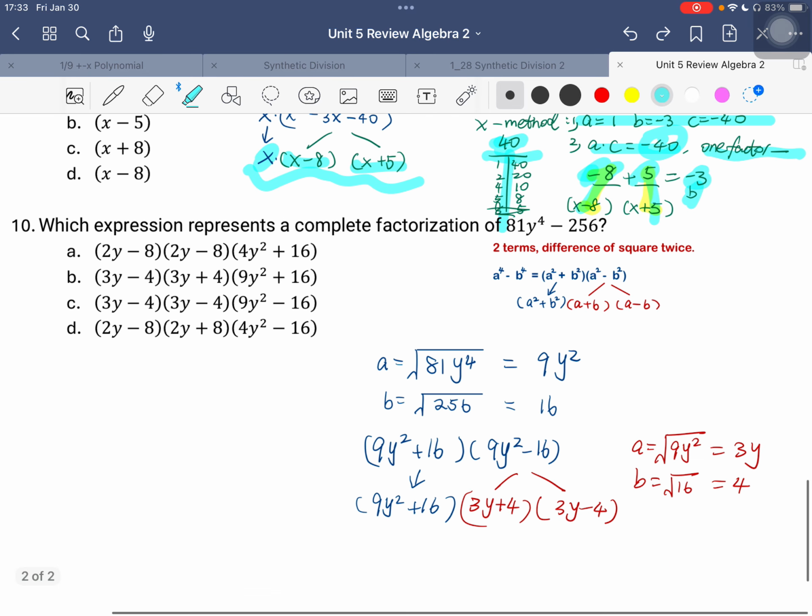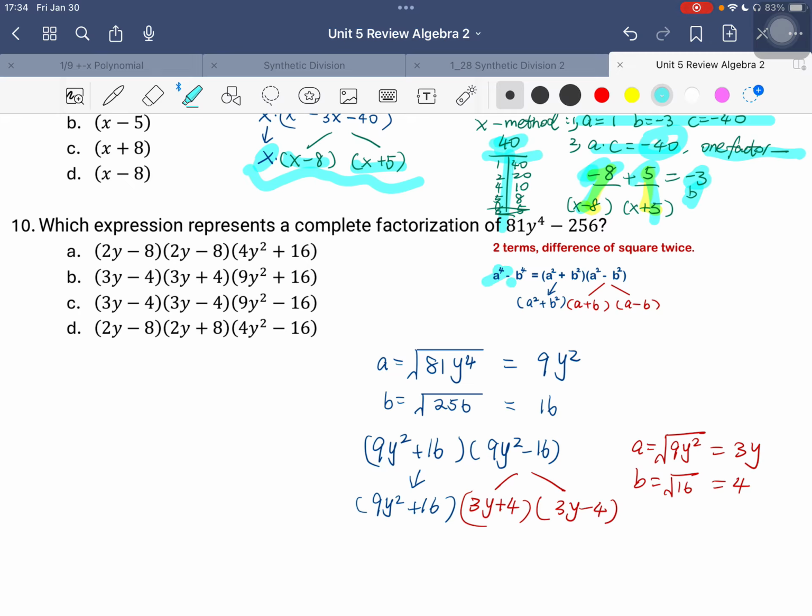Now 10, which expression represents the complete factorization. It wants you to factor 81y^4 minus 256. It is 2 terms. However, you have to do difference of squares twice. Every time you see an even power, you can use difference of squares. Now let's see.